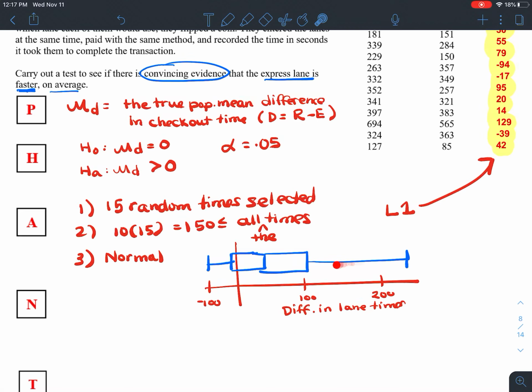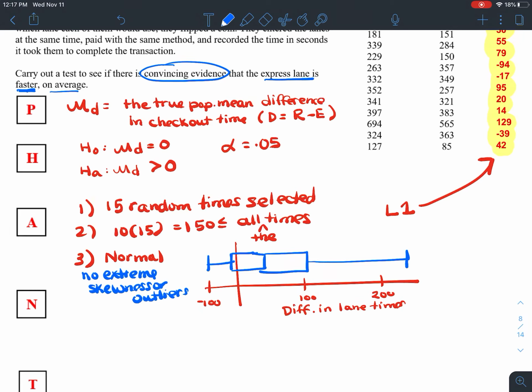Now, it does feel like there is a little bit of a right skew here because that side is longer, but I'm going to make a statement that there's no extreme skewness or outliers. If I had seen an outlier on my calculator, it would have been denoted by an extra dot off to the side, and I didn't see anything like that.